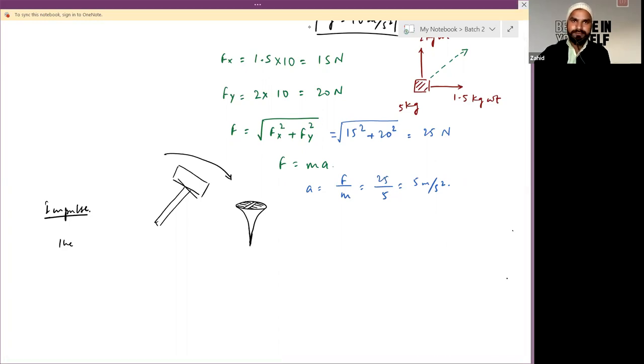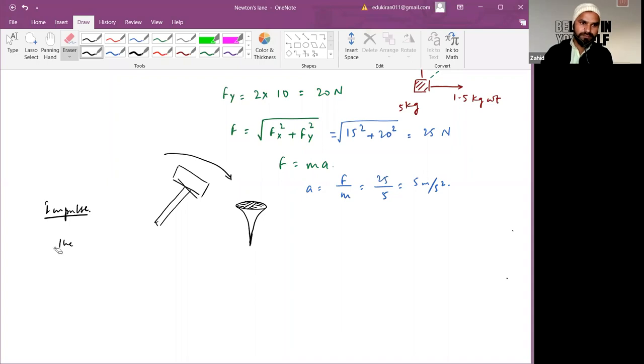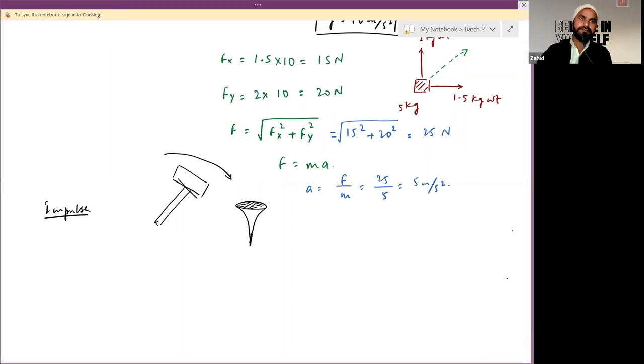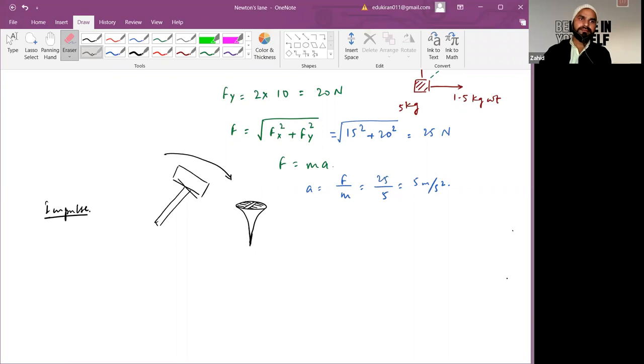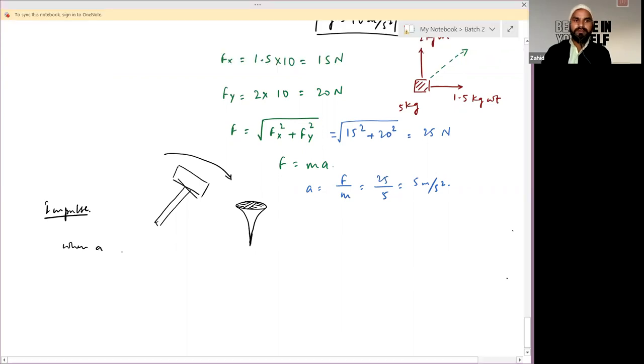So you'll say when a large force is applied on a body for a short time, the product of force and time will be termed as linear impulse.